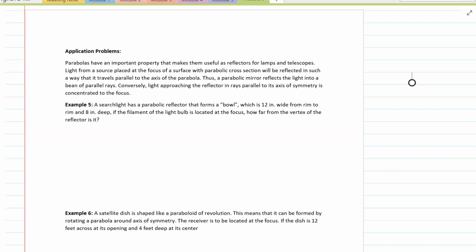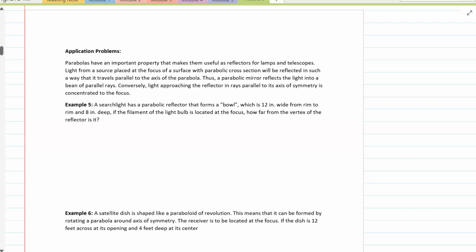Okay, so the next example: a searchlight has a parabolic reflector that forms a bowl which is 12 inches wide from rim to rim and 8 inches deep. If the filament of the light bulb is located at the focus, how far from the vertex of the reflector is it? Let's try to draw a picture.